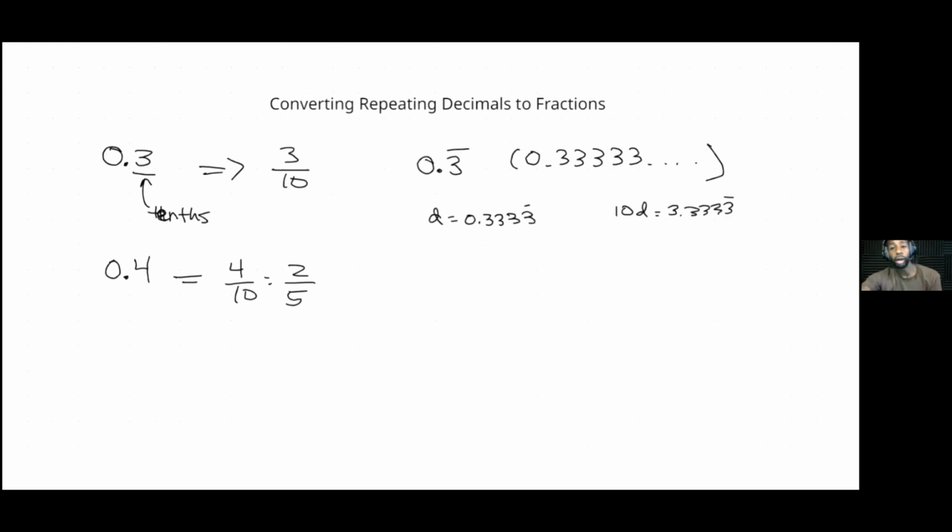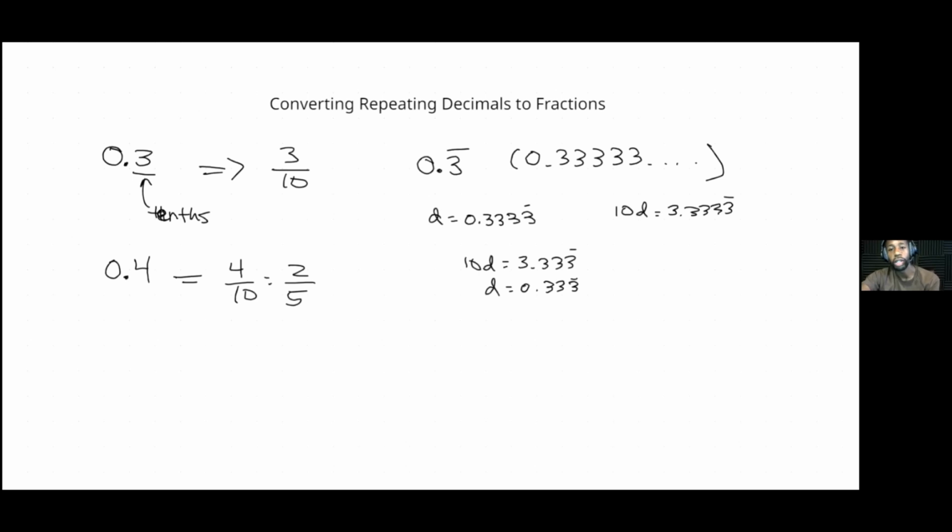Now what you do is you're going to subtract this from this. So you have 10D equals 3.333 repeating, and then D is equal to 0.333 repeating.